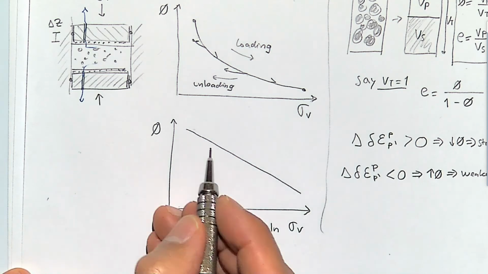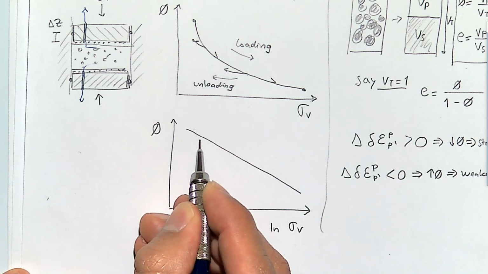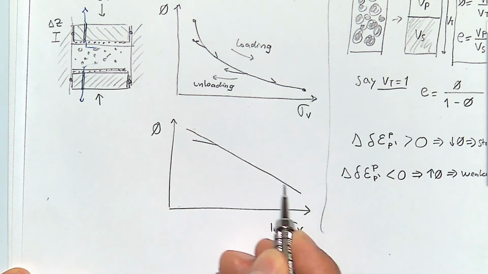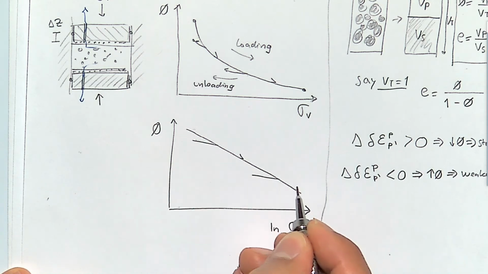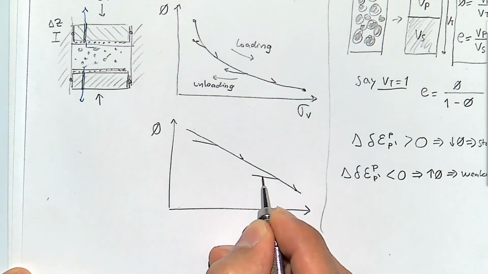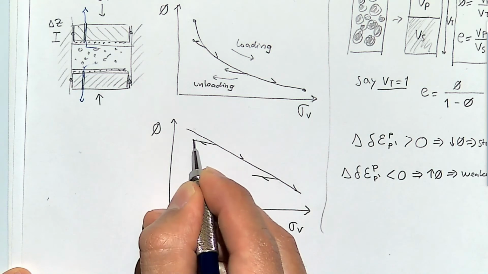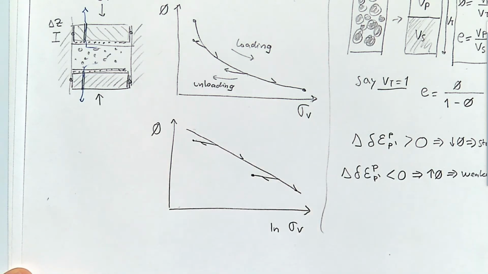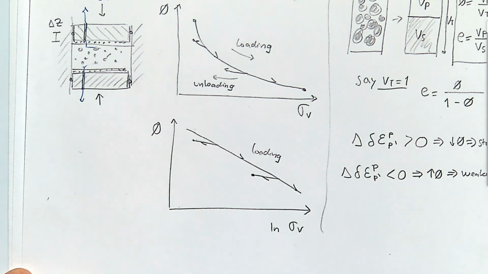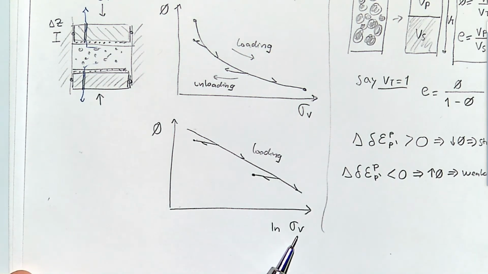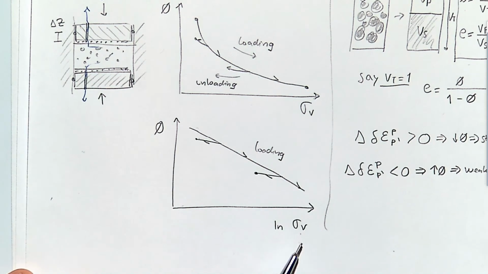The unloading part is also going to be straight lines. This is going to be loading, this is going to be unloading. Porosity is on a linear scale, and stress is on a logarithmic scale.